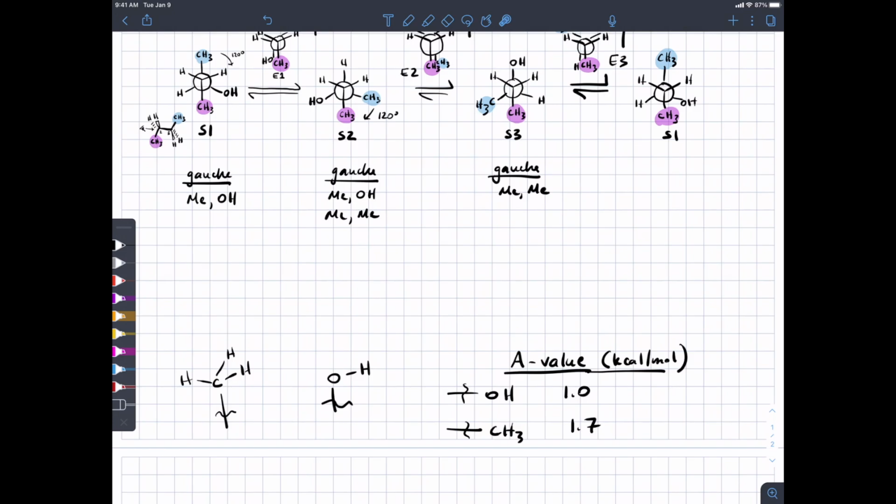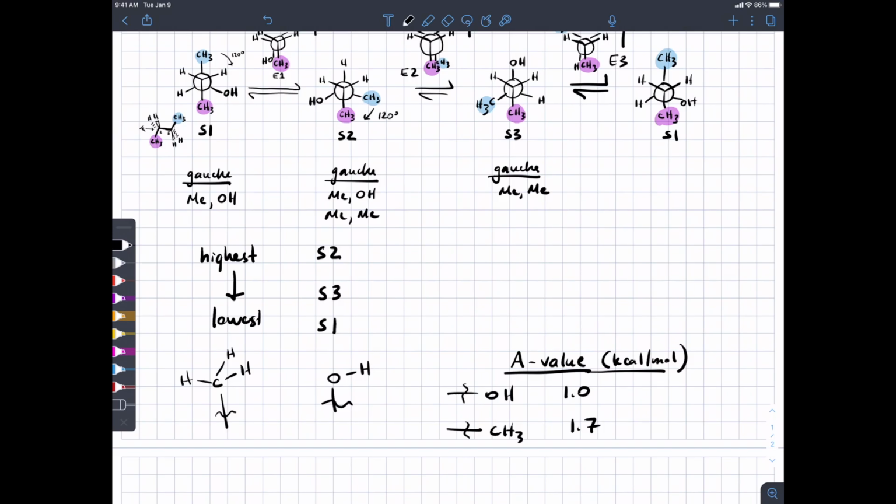Highest energy. Yep. So highest energy is S2. Then what? S3, because methyl is bigger than OH, so a methyl-methyl gauche interaction is worse than a methyl-hydroxy gauche interaction.